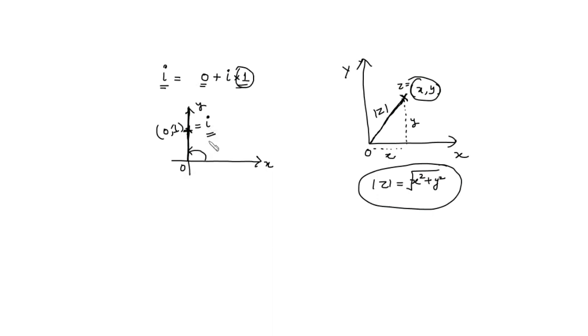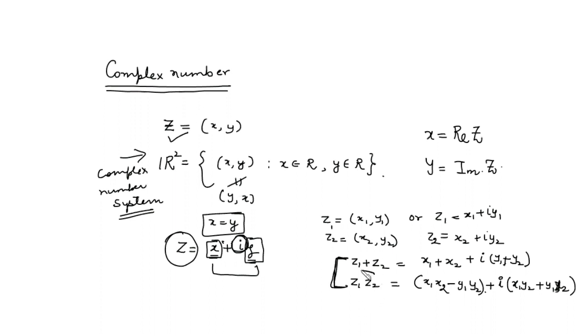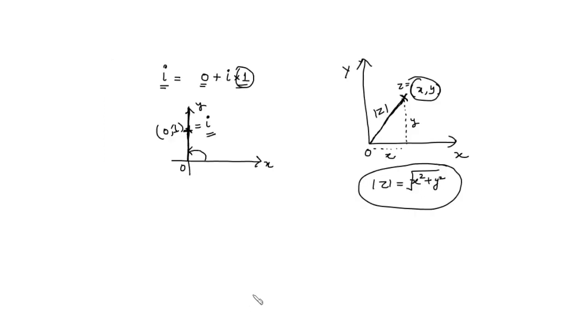That is iota. Now, we know how the addition and the product are defined. With the help of the product rule, just see what the value of iota square will be. Iota square is (0 plus iota) into (0 plus iota).